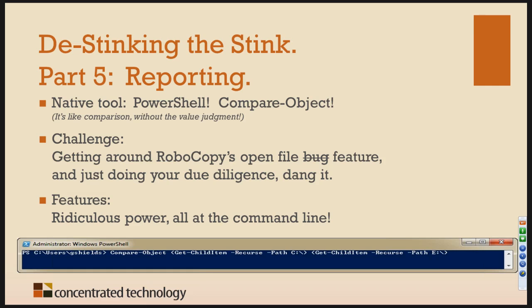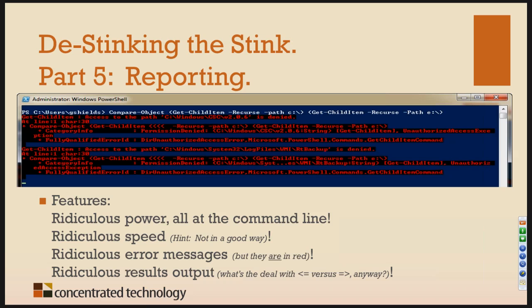Now, what's interesting, however, is that the compare-object commandlet is not entirely fast. As you'll see in this next slide, there are also some very interesting error messages that you can get if there are problems in the data that's being ingested.